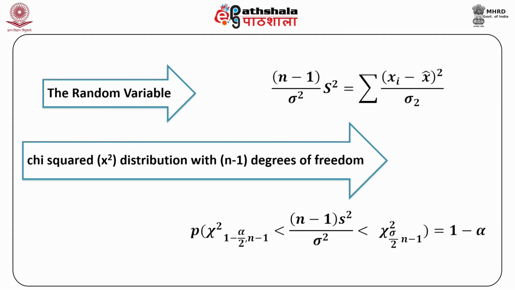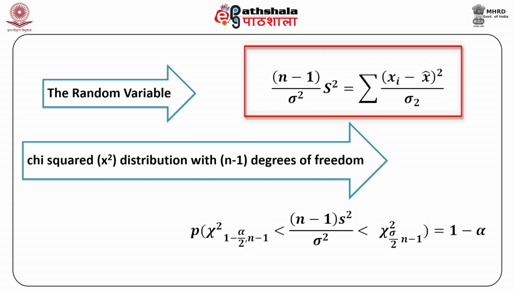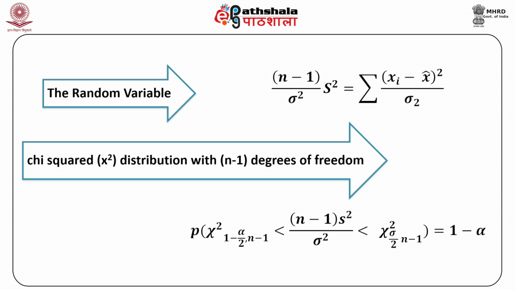Next, we shall discuss the confidence interval for population variance. Let us take a random sample from a population which has a normal distribution with parameters mu and sigma squared. Then the random variable n minus 1 divided by sigma squared times s squared, which is equal to the sum of xi minus x bar squared divided by sigma squared, has a chi-squared distribution with n minus 1 degrees of freedom.